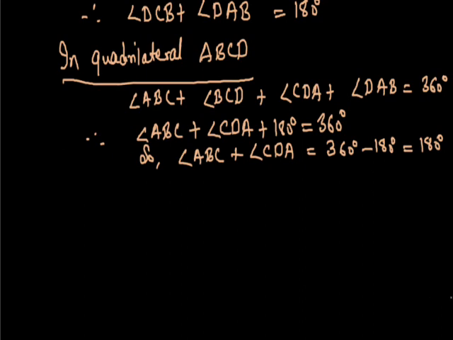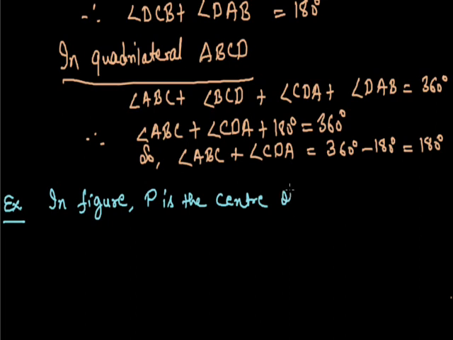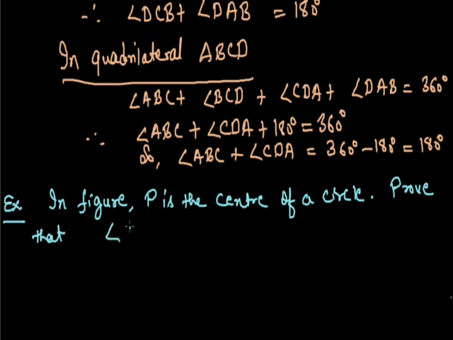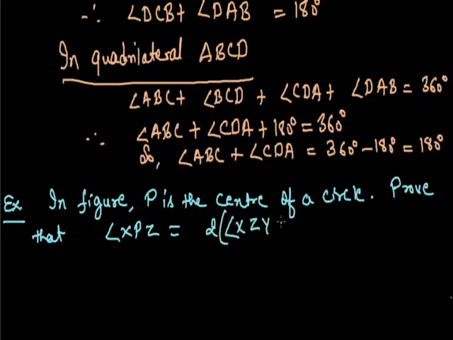Now some problems based on it. In the figure, P is the center of a circle. Prove that angle XPZ is equal to twice the sum of angle XZY and angle YXZ.